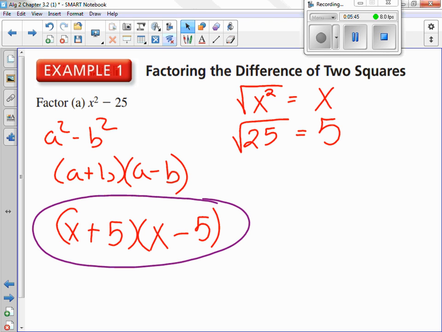I can use the same steps, two sets of parentheses with three spaces, finding the sign, factors of the first term, factors of the third, and work it out that way. It will still give me the answer. But if it is a difference of perfect squares, these steps give us a shortcut to finding it.